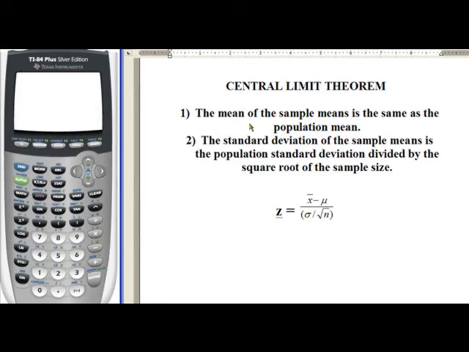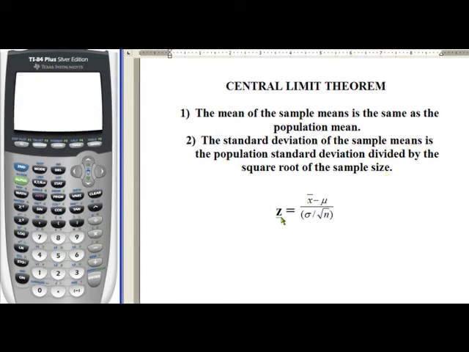There are two things the theorem says. The mean of the sample mean is the same as the population mean. The second one is the standard deviation of a sample mean is the population standard deviation divided by the square root of the sample size.